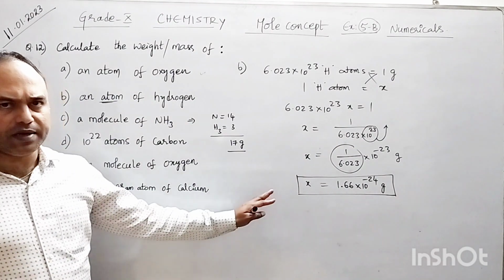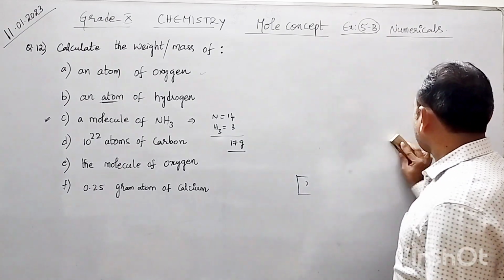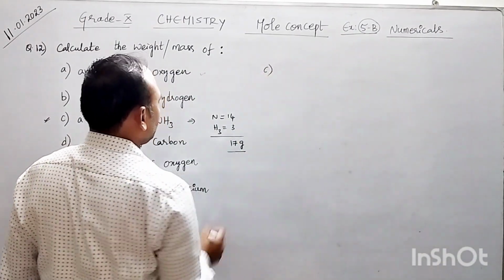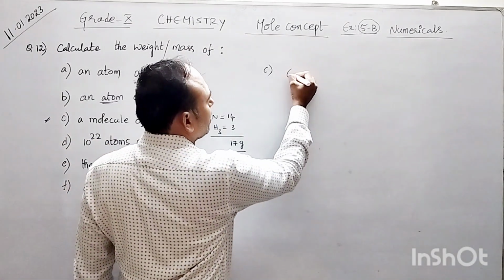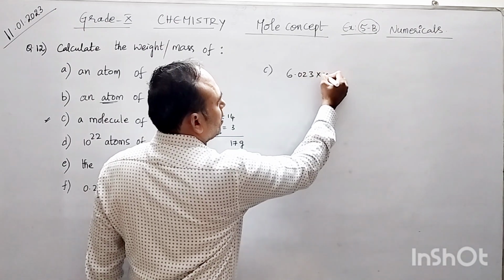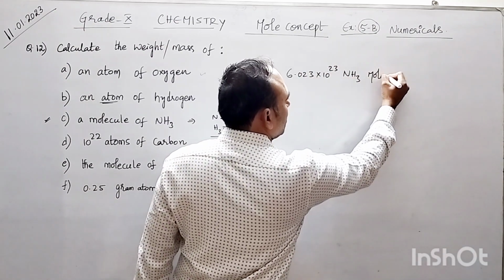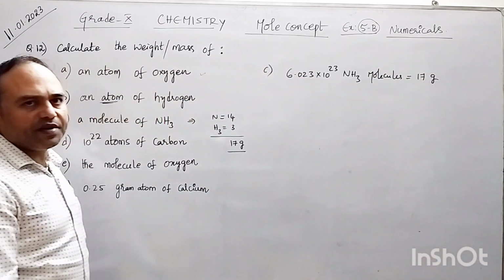Hope you have copied this. Third one, we have calculated the molecular mass of ammonia. So we can write like this, 6.023 into 10 to the power of 23 ammonia molecules has a mass of 17 grams.